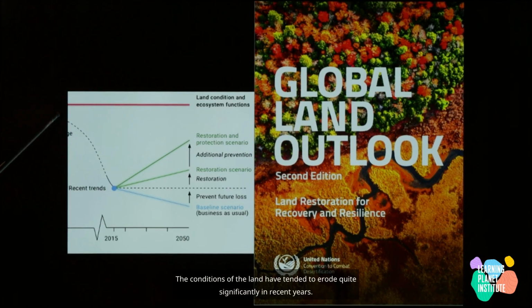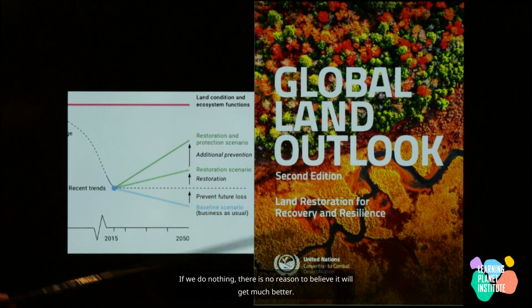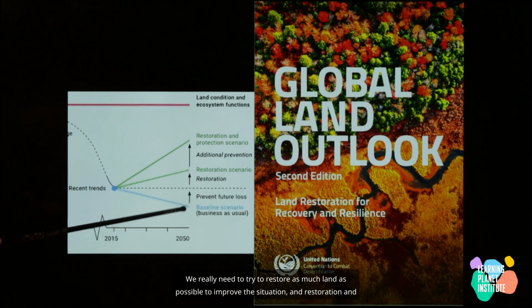The conditions of the land have tended to erode quite significantly in recent years. If we do nothing, there is no reason to believe it will get much better. We really need to try to restore as much land as possible to improve the situation.